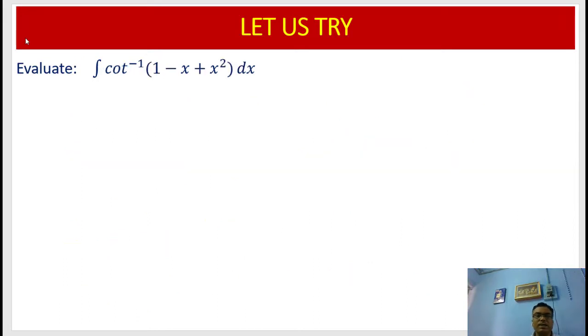These questions generally come in the exam. Now let us go to the next very important question. The integral is cot inverse of 1 minus x plus x square dx. You know cot inverse x is tan inverse 1 by x.